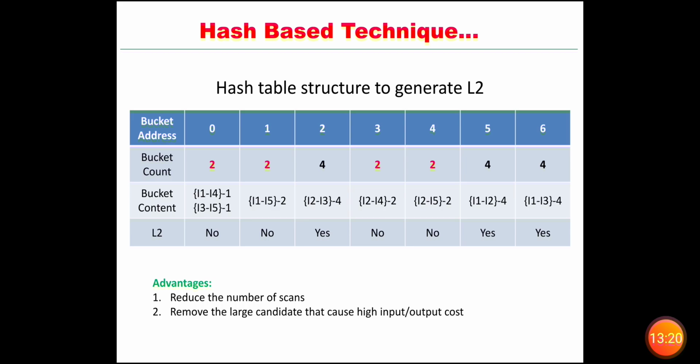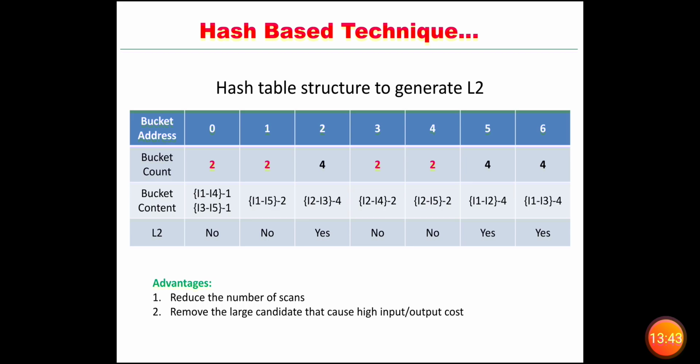The same way for bucket 1, the bucket content will be I1, I5, with count 2. And for bucket 2, the content will be the I2, I3 item set, count 4, which is placed in the bucket count.